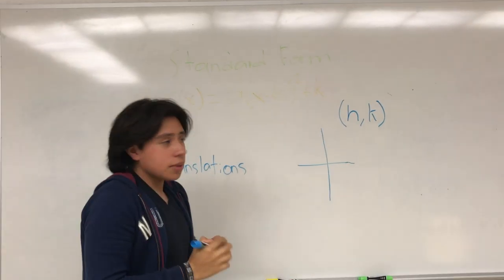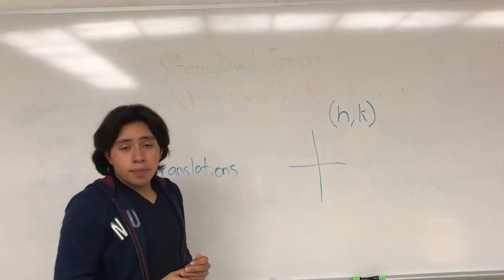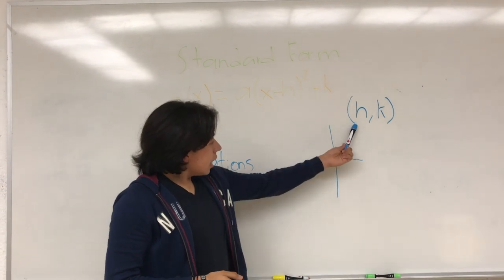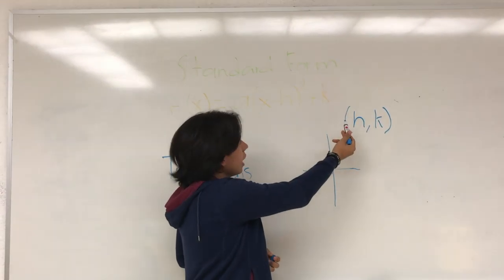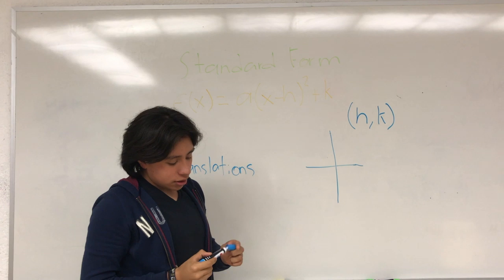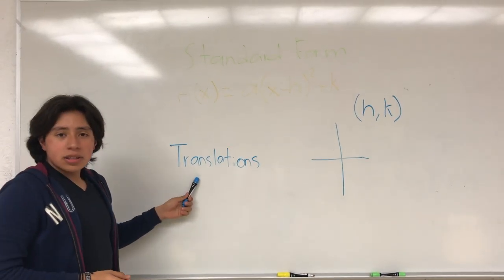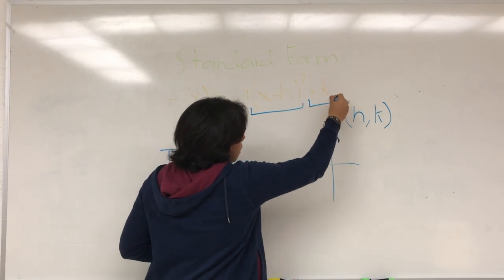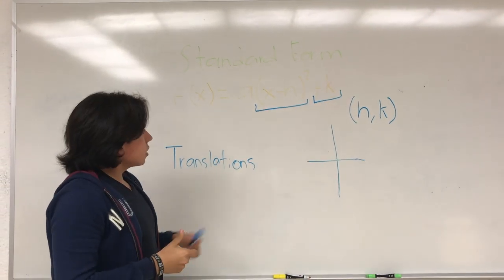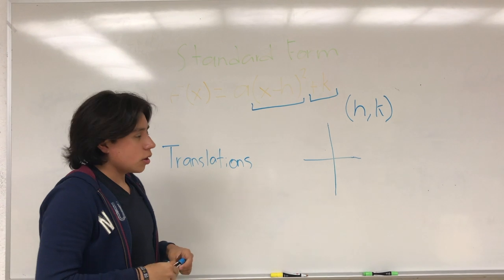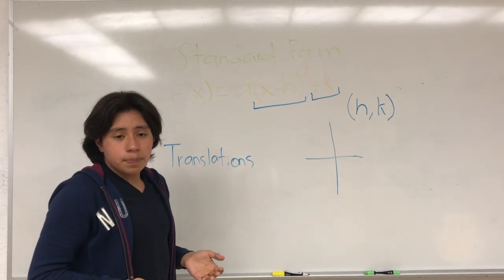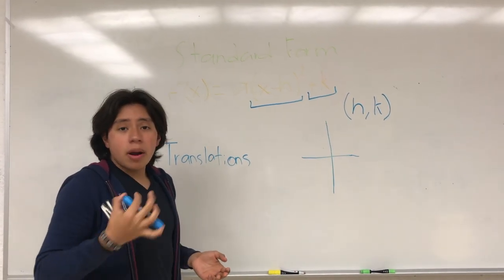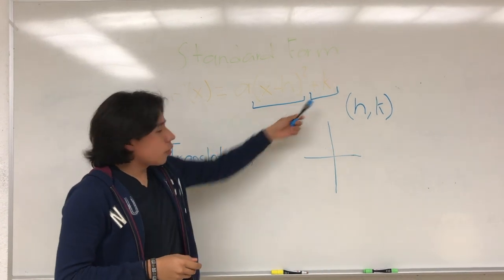As you can see, here we have to put the x, which is h, in negative form. Now, in the translations, we can plot the vertex just from viewing this, or we can change a previously written parabola by using these two forms.